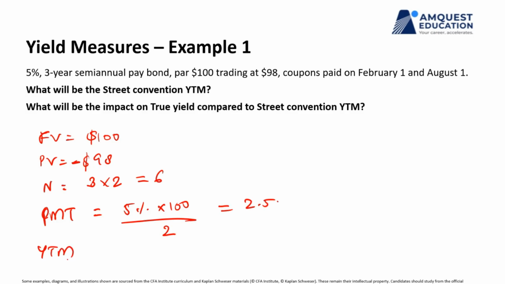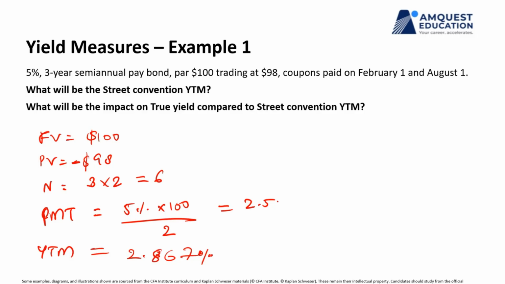So you should get your YTM. Let me also just quickly do this. You're going to get a YTM of 2.867%. Yep.